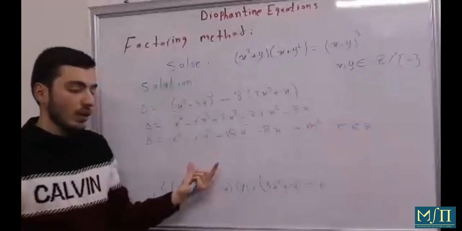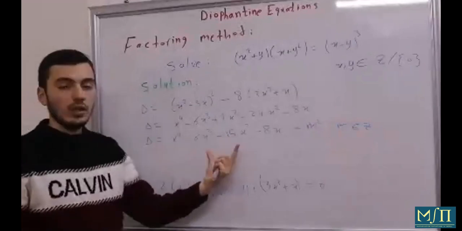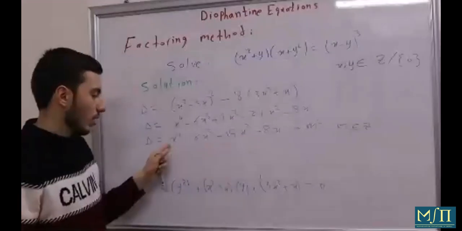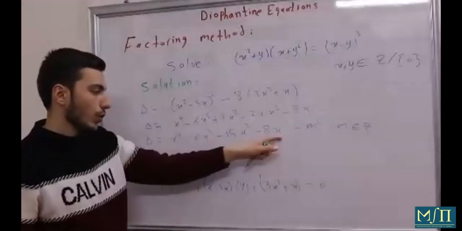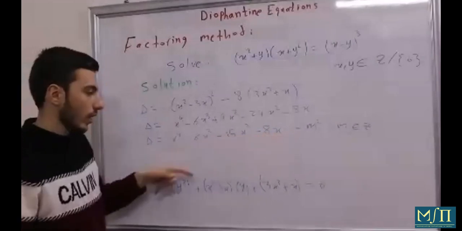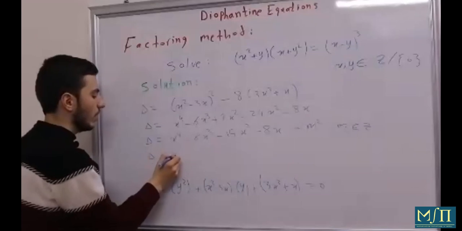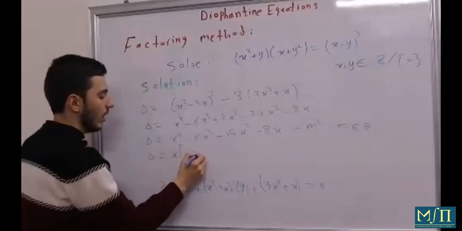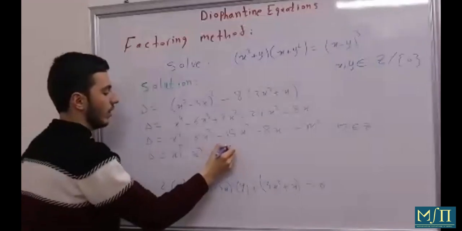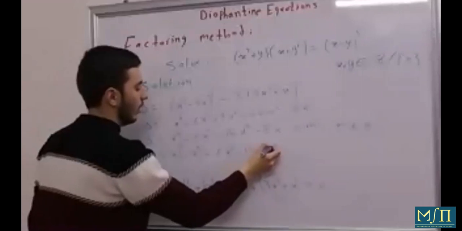So now we should try to factorize the left-hand side. Take x as a common factor: delta equals x times x cubed minus 6x squared minus 15x minus 8.